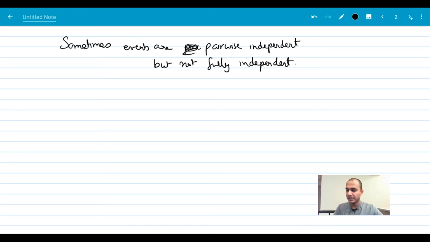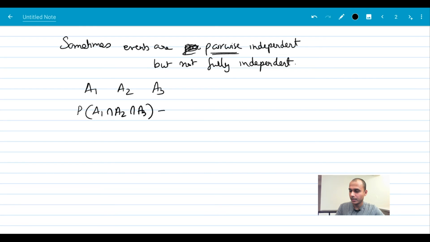So what do I mean by this? I just introduced a new notion called pairwise independence, so let me explain that. Let's say I have three events, A1, A2, and A3. These events are independent of each other if probability of A1 intersection A2 intersection A3 is the probability of A1 times probability of A2 times probability of A3.